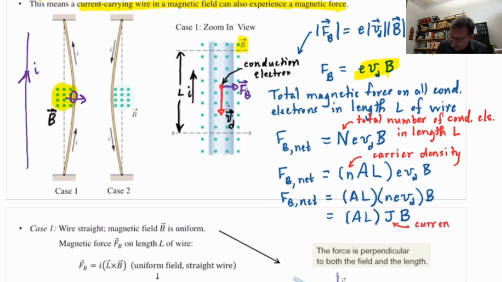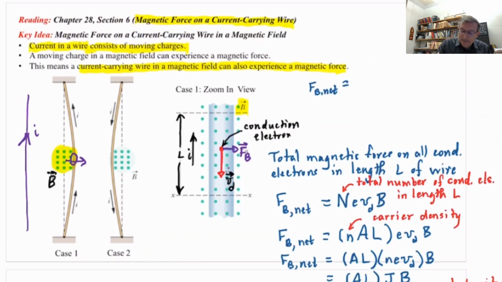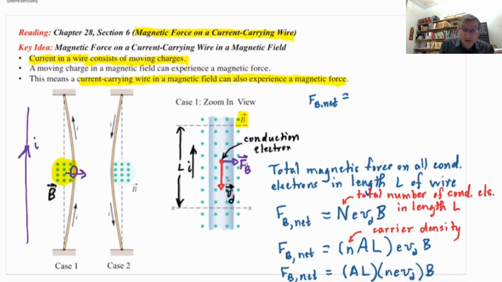Current density magnitude. All right, chapter 26. Current density J, I'm going to have to start erasing up here, by definition is current per unit cross-sectional area. We already talked about that.